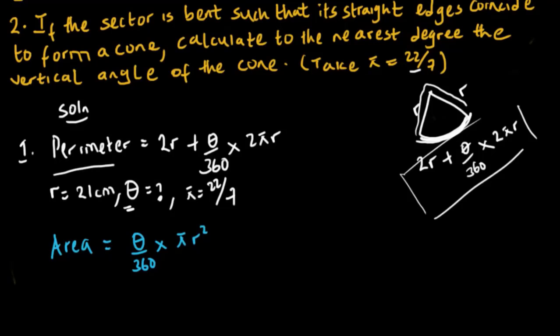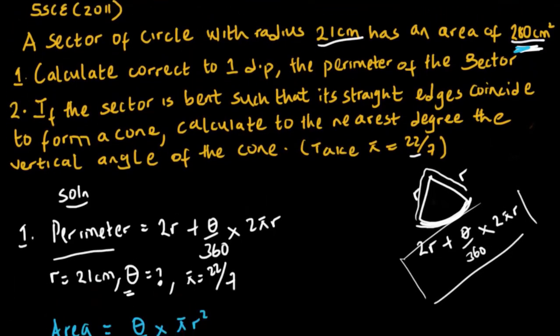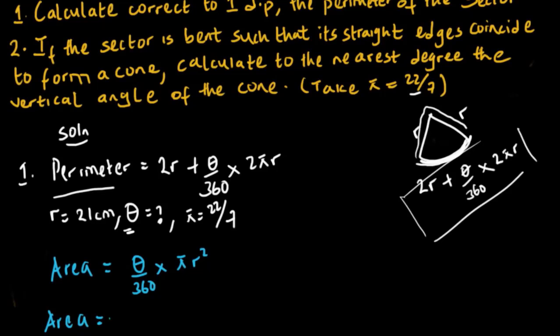Now we know the area of this sector. We're given the area as 280, so the area equals 280. Theta we don't know, that's what we are trying to find. Pi is 22 over 7, and radius equals 21 centimeter.